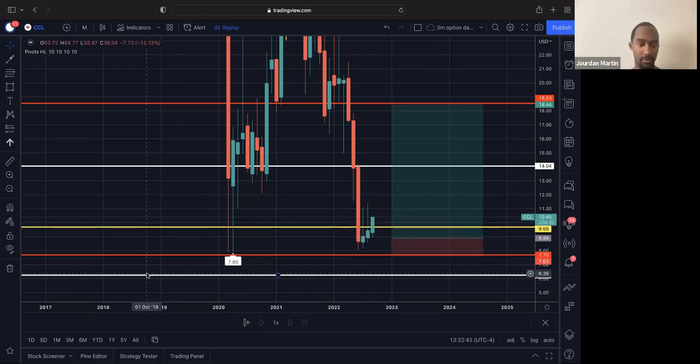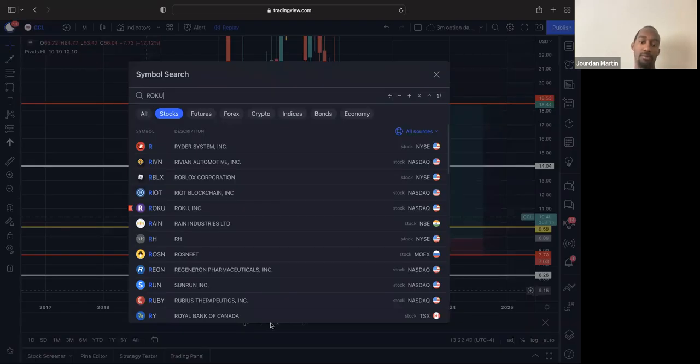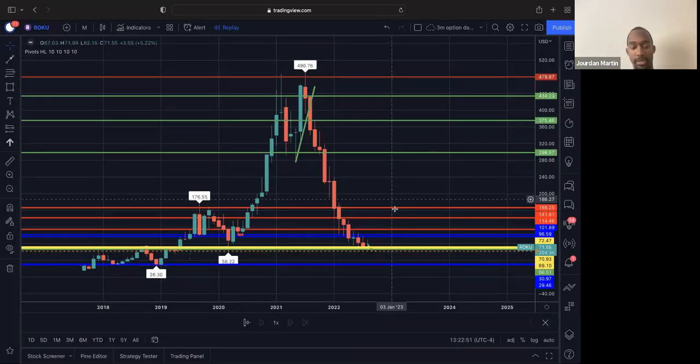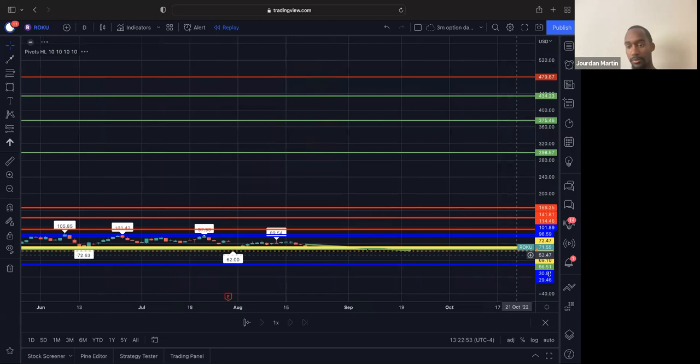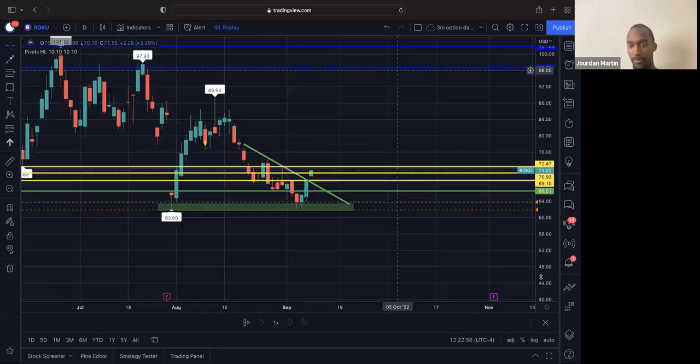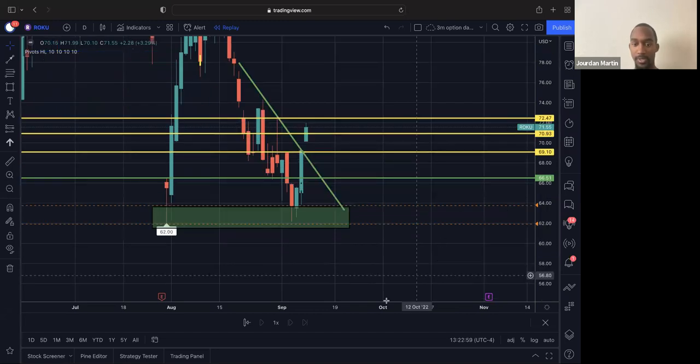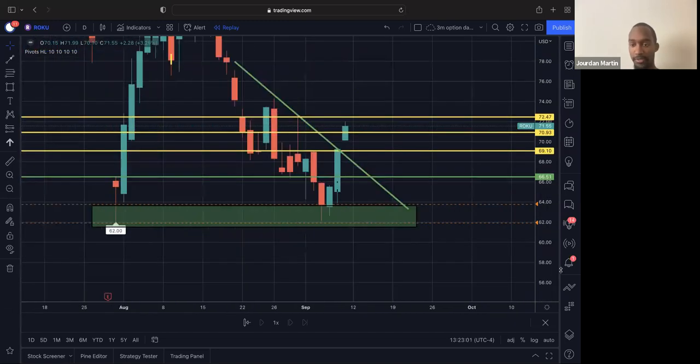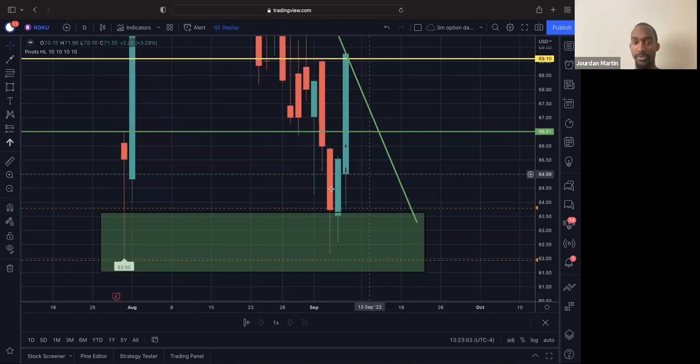All right, thanks, Jordan. Can you explain the inside bar and how you use it to get in and out of the trade? Yep, we traded the inside bar breakout on Roku the other day. Zoom in. How I trade my inside bar breakouts is pretty simple. What's an inside bar?